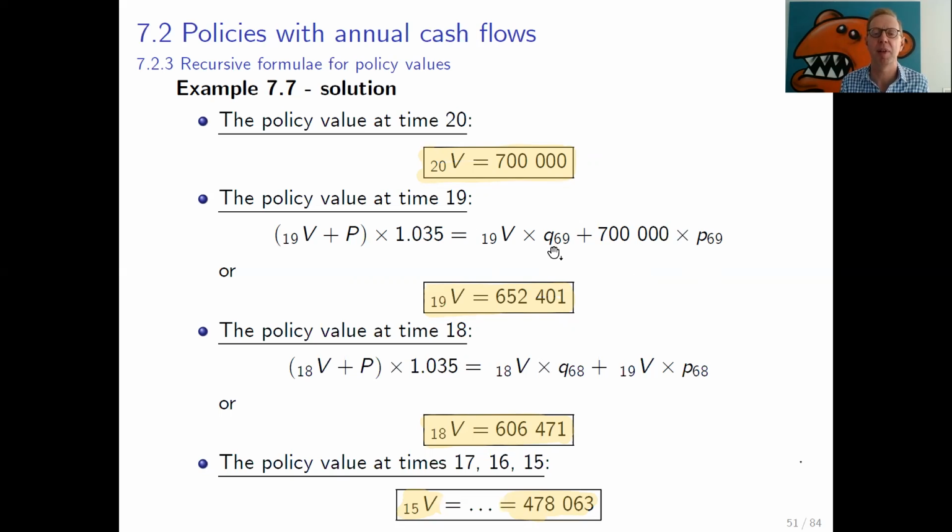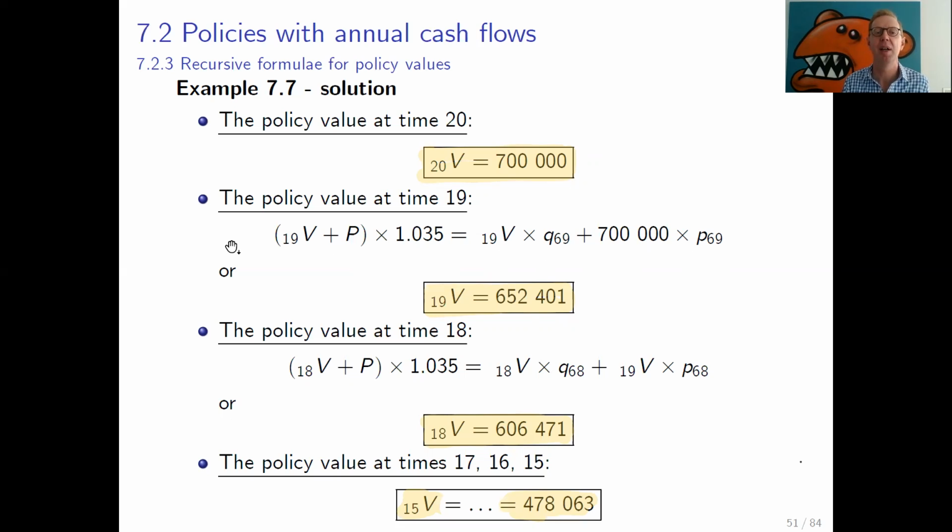Well, what is this expected value of what is required? It's q69 multiplied by V19, because if a person of age 69 dies in the next year, we will have to pay him the policy value of the beginning of that year, V19, plus for the survivors, if the person of age 69 survives, we pay 700,000.